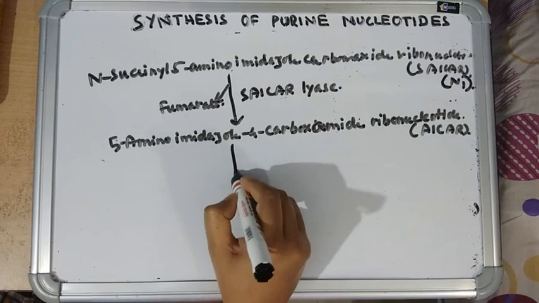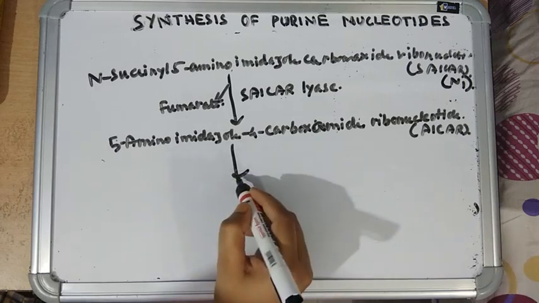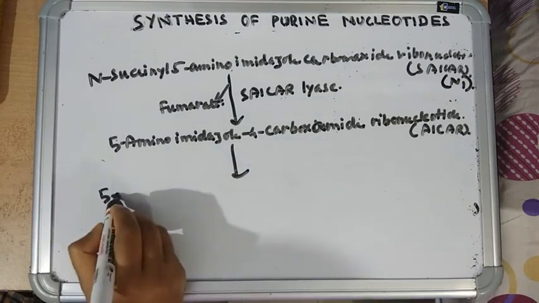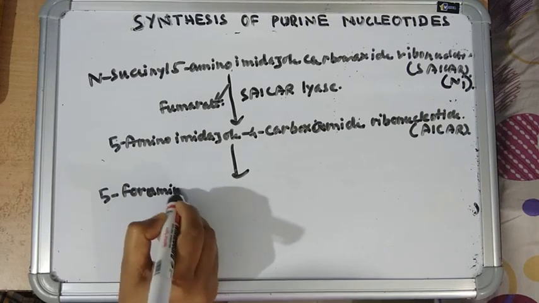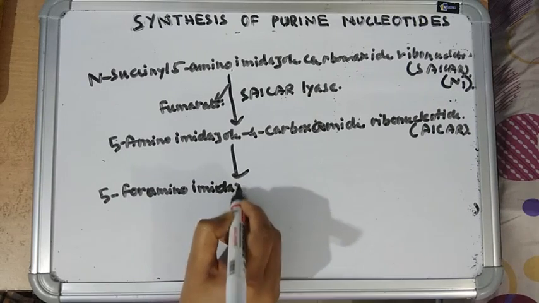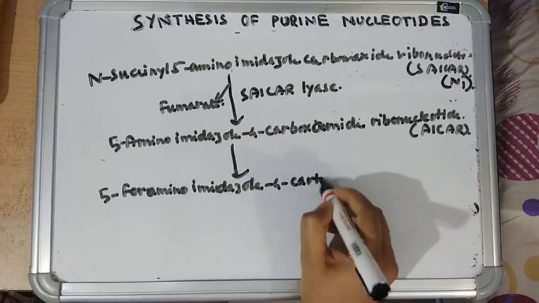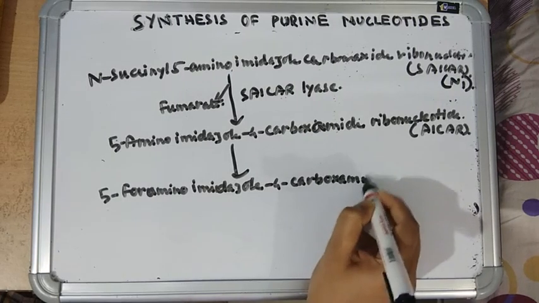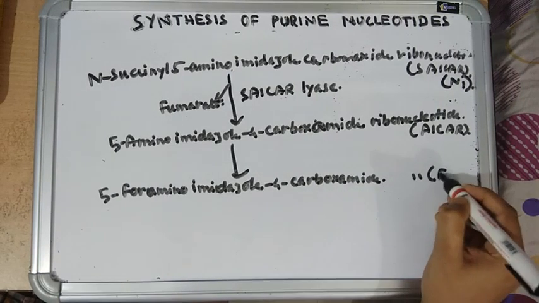Now this AICAR is converted into 5-formamino imidazole 4-carboxamide ribonucleotide or FAICAR.